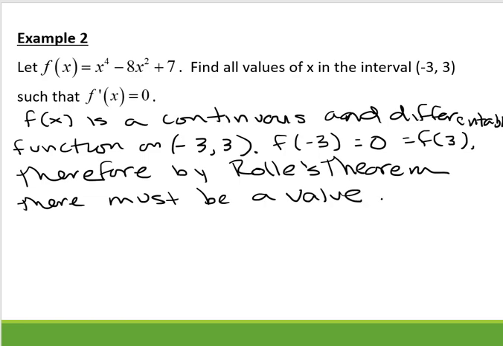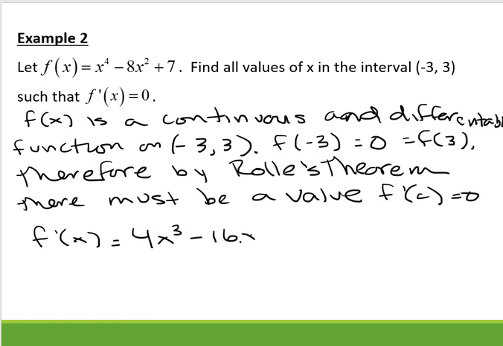So let's find that. f prime of x is equal to 4x cubed minus 16x. If I factor that and set that equal to 0, we get this. So on my interval from -3 to 3, my values are 0 and plus or minus 2. That's kind of funny. In my notes, I forgot about the 0.